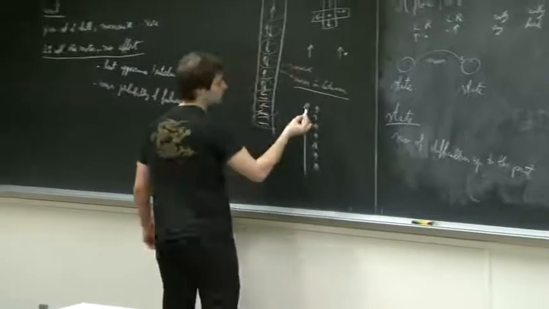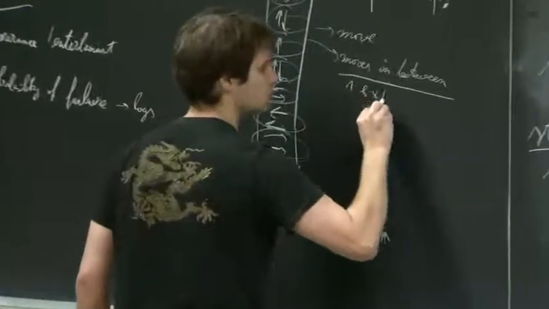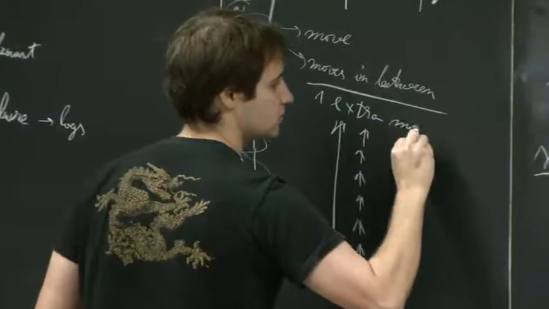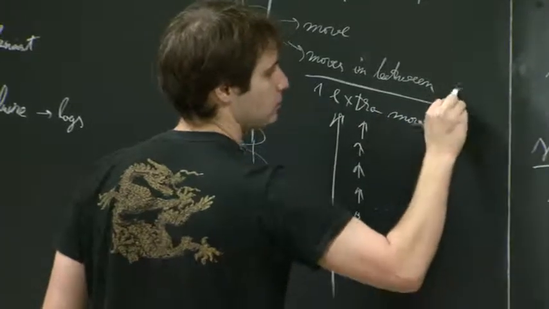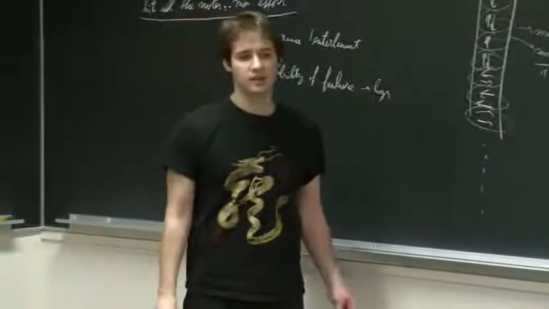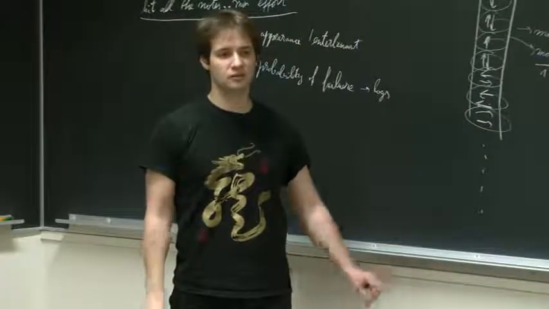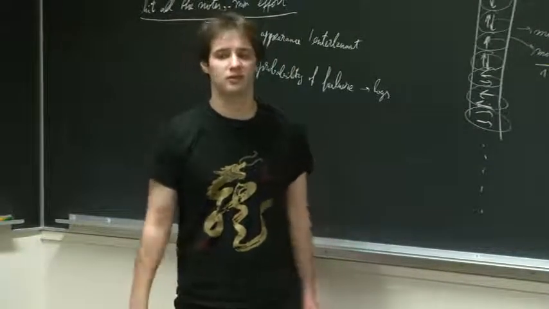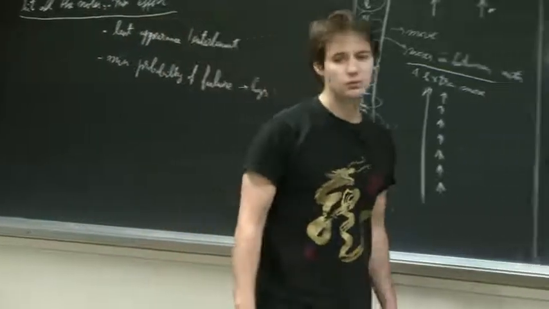So one extra move between every two states, between two nodes. And that's enough, because that one extra state allows you to recenter, and it allows you to do pretty much everything a beginner like me would know how to do.